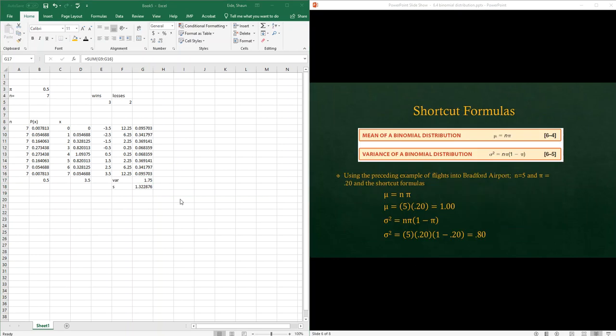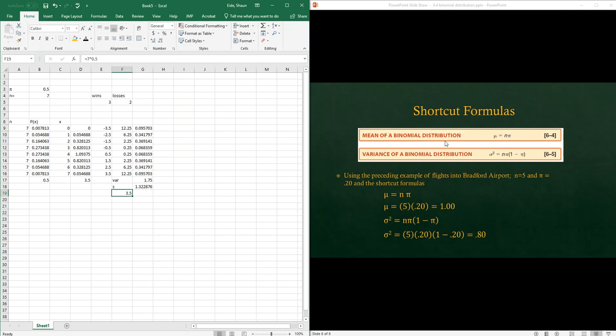However, there is a simpler way to do this. This is what can be referred to as a shortcut formula, if you will. For the mean, n equals 7, because you've got 1 through 7, multiplied by 0.5, which is 3.5. And you notice 3.5, 3.5. The reason why this works is because it's binomial.